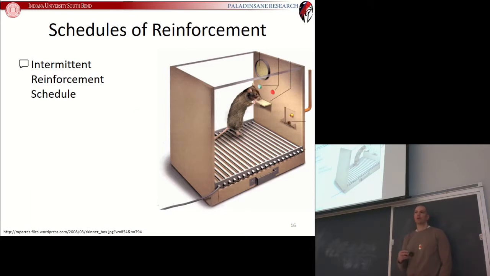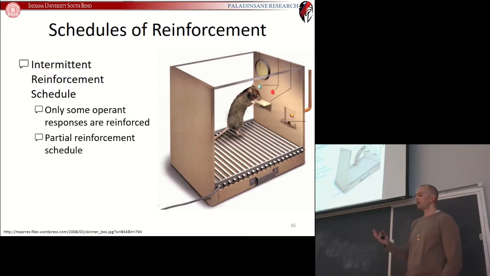In an intermittent reinforcement schedule, this is where only some operant responses are reinforced. This is where only once in a while do you get reinforced for doing a particular behavior. So if Sniffy had to press the bar 5 times before he received reinforcement, that would be an example of a partial reinforcement schedule, also known as an intermittent reinforcement schedule.